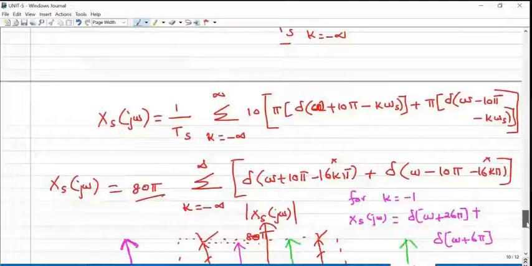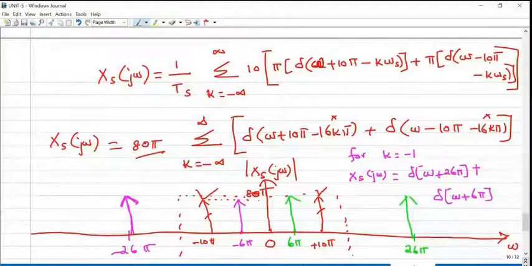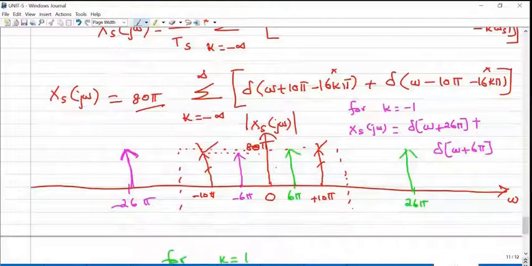If I substitute k equal to 2, I get more than 30 pi. K equal to -2 also gives a component beyond -30 pi. So we can stop and draw only these three component spectrums: k equal to 0, k equal to 1, and k equal to -1.